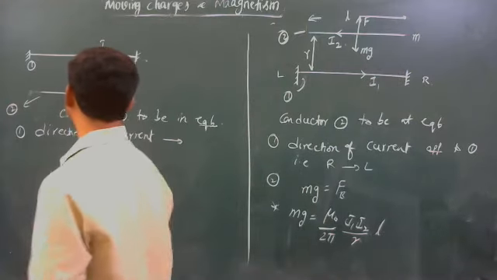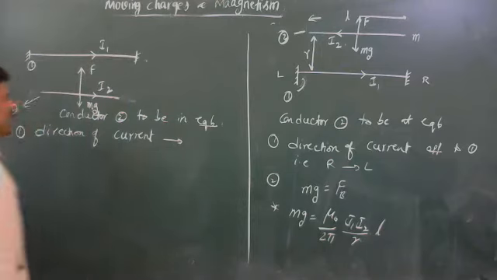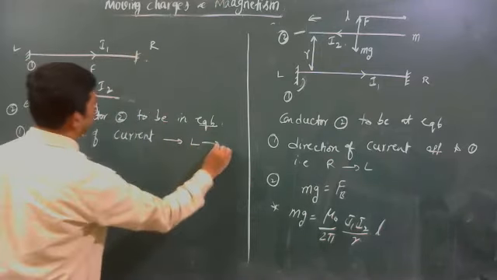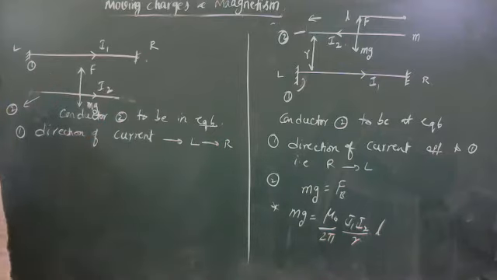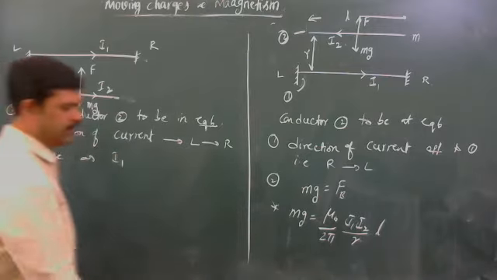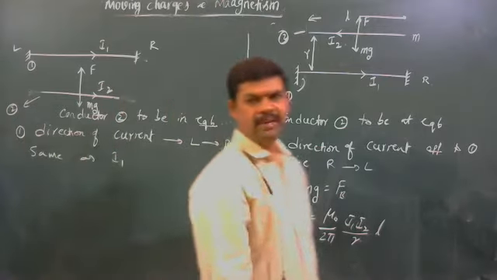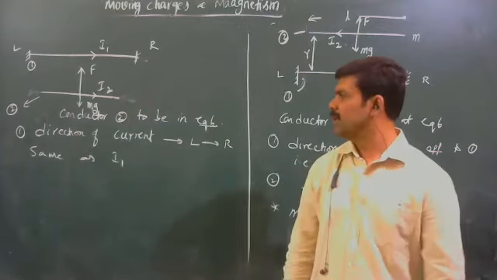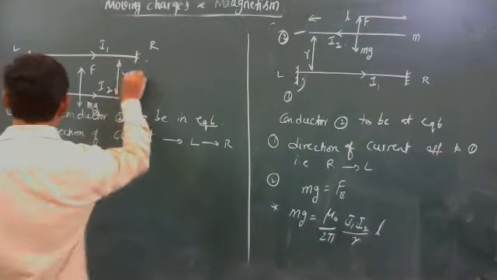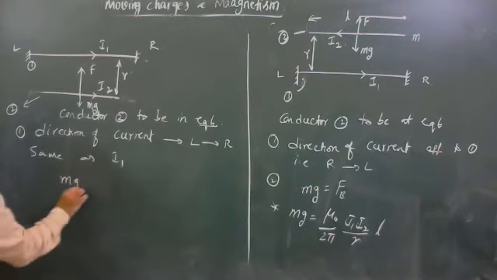Good. Write down that condition. Same direction as I1 means, if I take left and right, this is from left to right. That is the same as the I1 direction. Good. What is the condition? If the distance between these two is r, is it not the same condition?